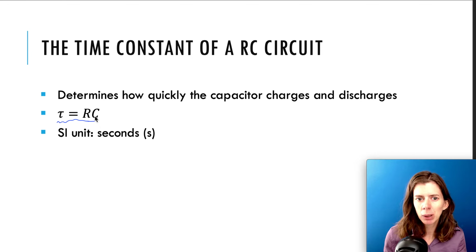It looks a little bit weird, but when you multiply these units of ohms and farads, you do get a unit equal to seconds. So the time constant is a specific amount of time that is equal to the product of R and C.